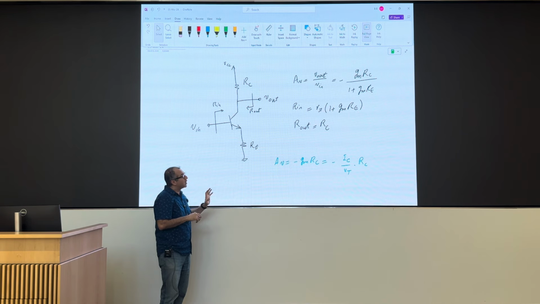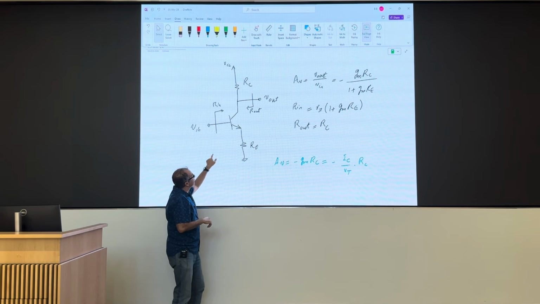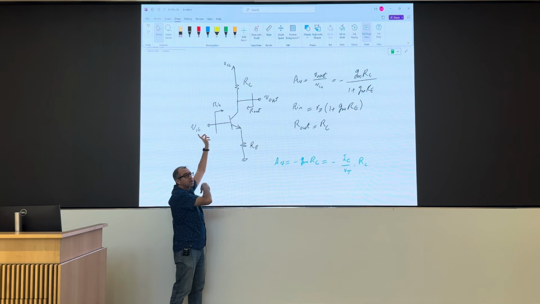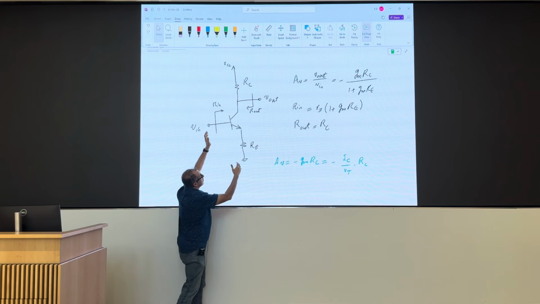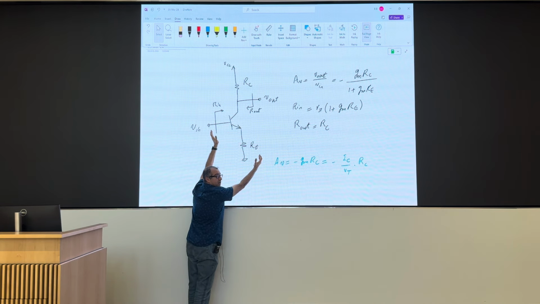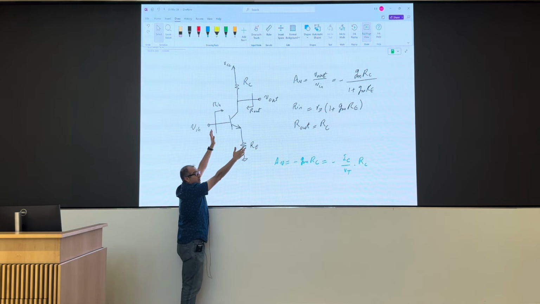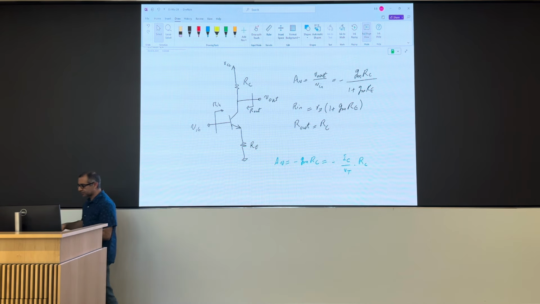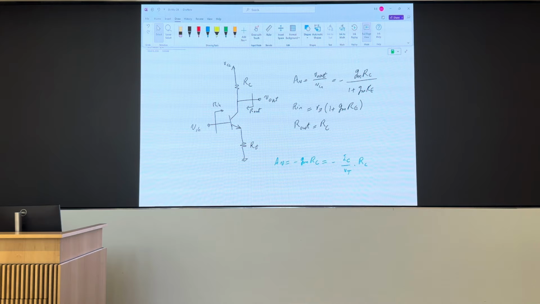So what I do is I try to see if I can reduce that circuit, which I know I can reduce to this, because there is no connection between collector and base or collector and emitter in that circuit. I put this at the center of my circuit and attach everything else that has to be attached to it, and then use what I know, instead of doing the full small signal analysis.